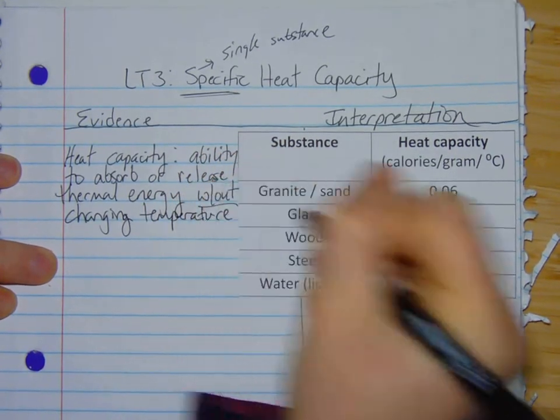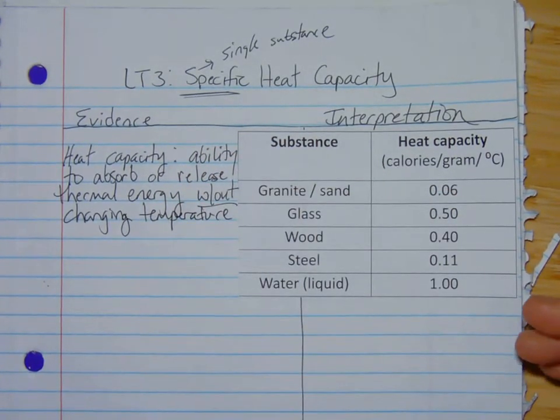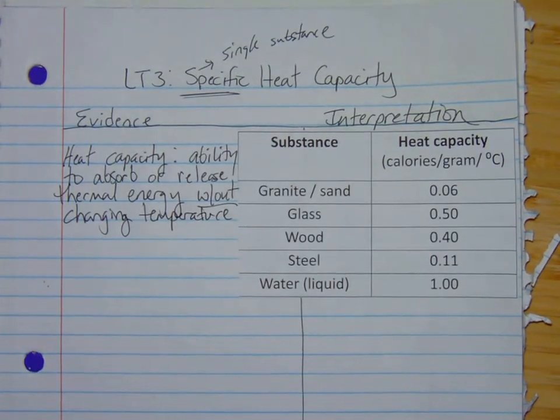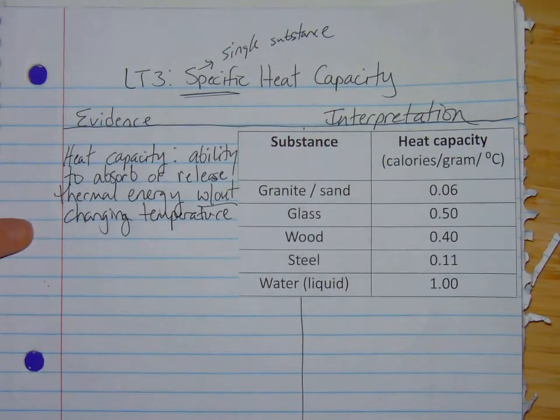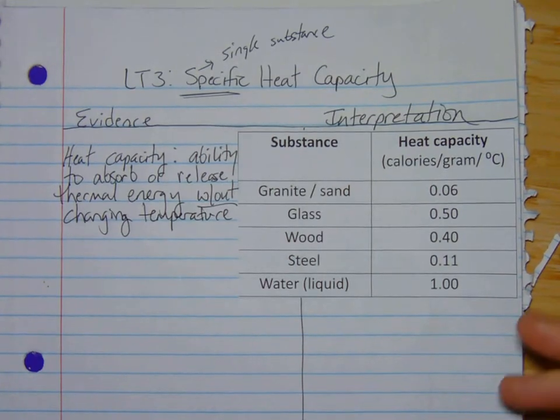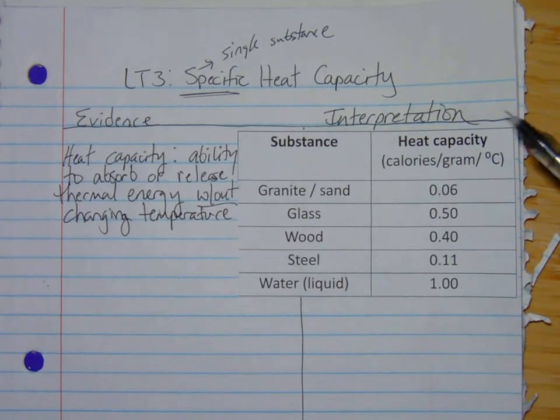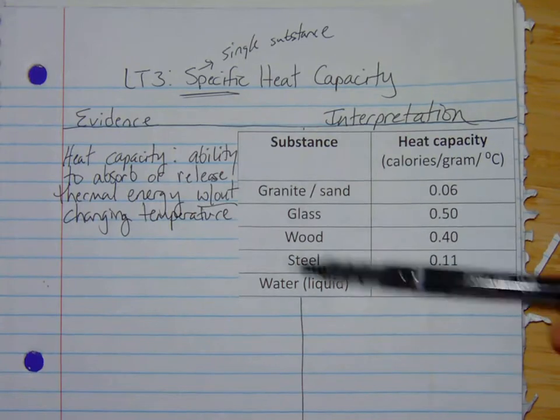Okay, so something is able to absorb thermal energy from its environment or release it out into the environment, yet its temperature stays the same if something has a big heat capacity. And different materials have very different abilities to do this.